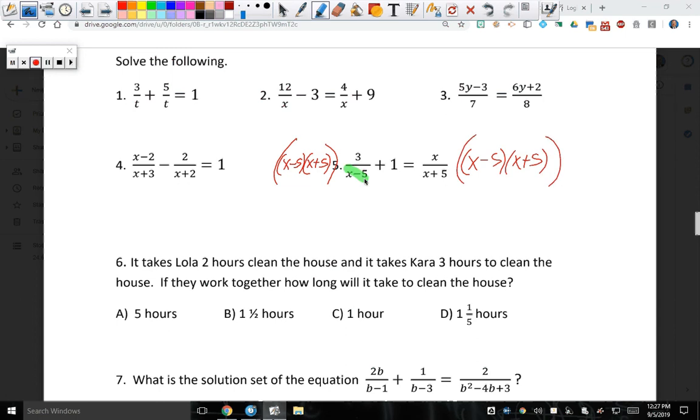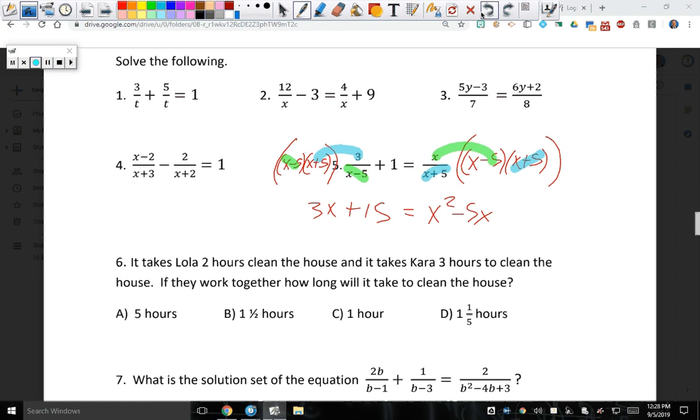Because these will cancel. This is what's left. 3x plus 15. These will cancel. This is what's left. X squared minus 5x. Oh, here we go. Do I have one? Oh, my bad. I forgot the 1. That's a big mistake.